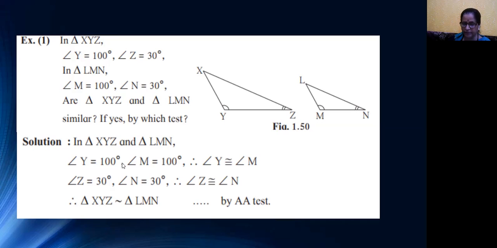Angle Y is 100 degrees, angle M is 100 degrees, angle Z is 30 degrees, and angle N is 30 degrees. Therefore, angle Y is congruent to angle M, and angle Z is congruent to angle N. So two angles are congruent, therefore triangle XYZ is similar to triangle LMN by the AA test.